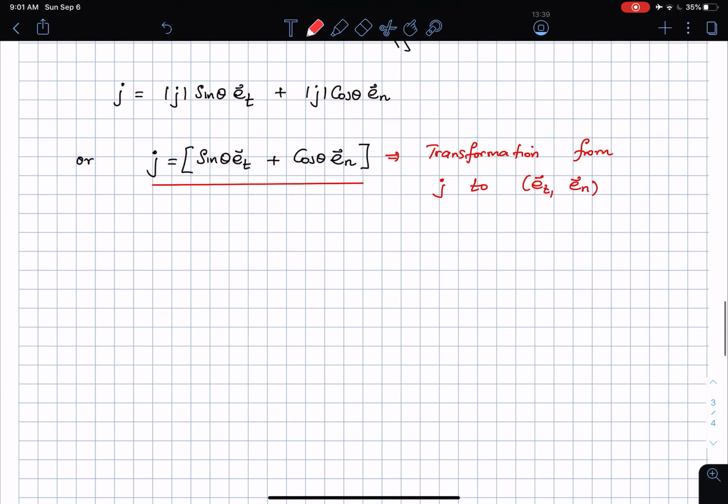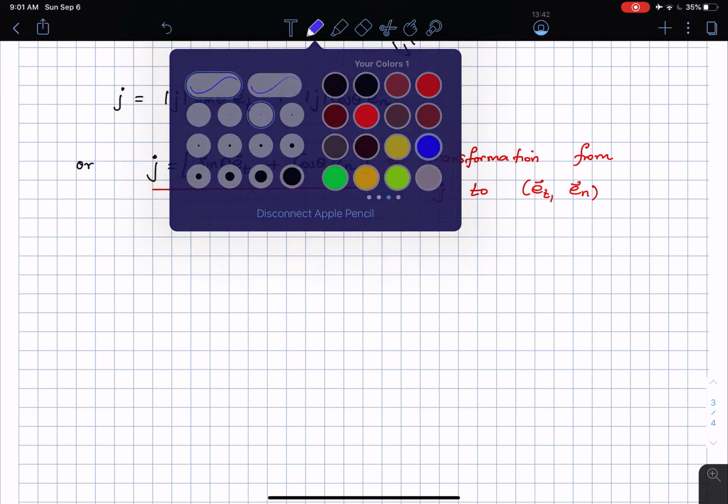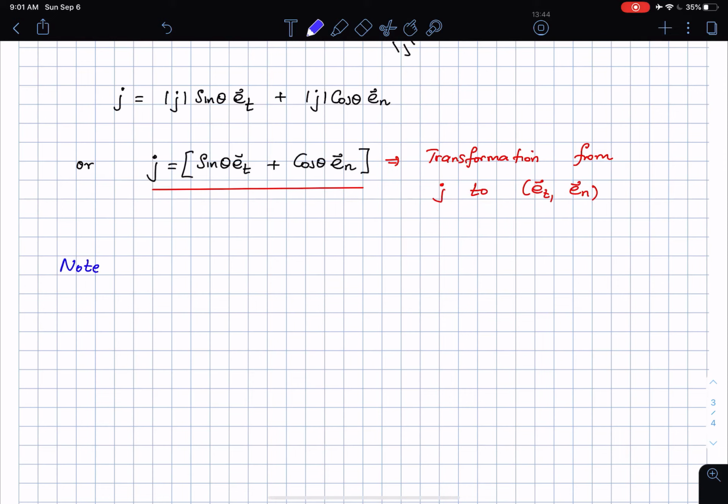Okay, and the important note that I want to make: to perform any coordinate transformation, follow the same procedures outlined.